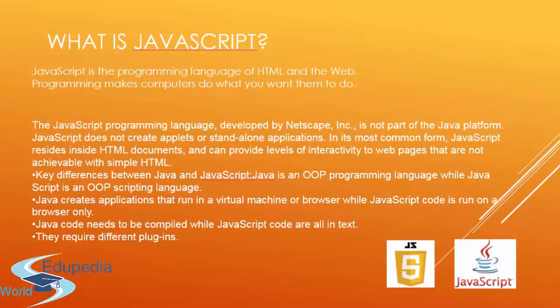Before you even try to think of what is JavaScript, let me tell you one thing. We're going to hit that again. JavaScript is very different from Java. Java is a programming language that needs a compiler. JavaScript does not need a compiler.